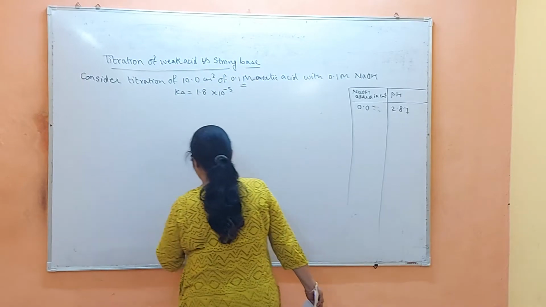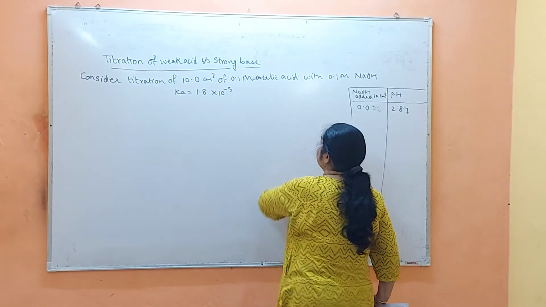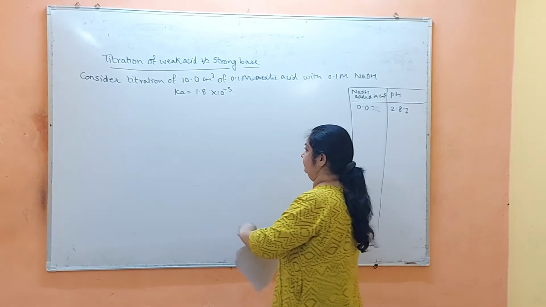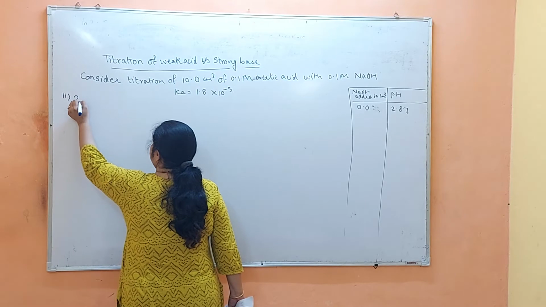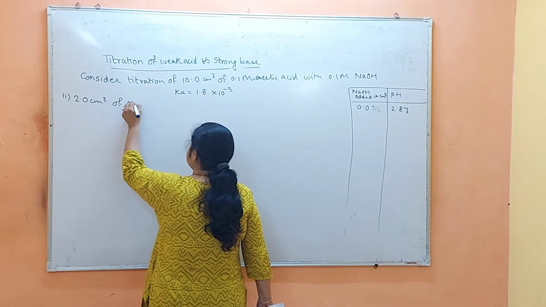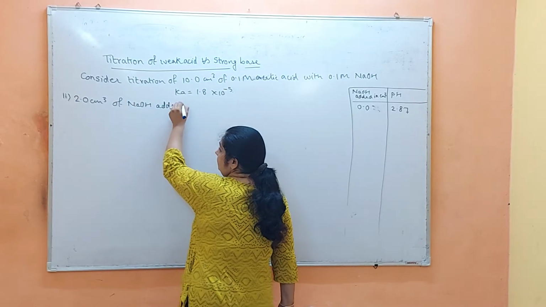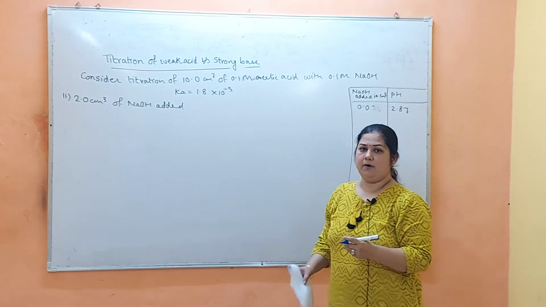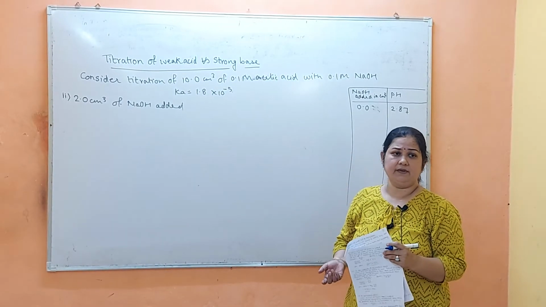Now we will calculate when 2 cm cube of NaOH is added. What will happen now? 2 cm cube of acetic acid will be neutralized and 8 cm cube will remain.